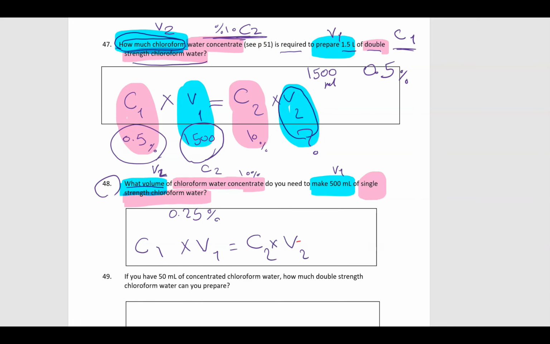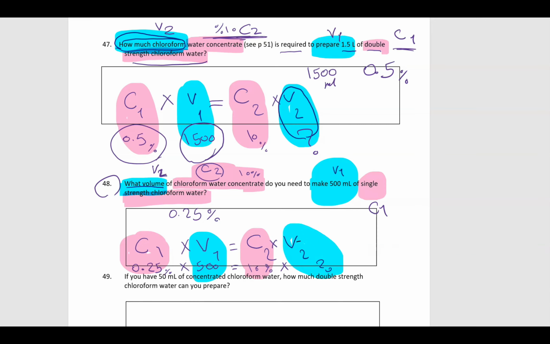C1 is 0.25 times the first volume, 500 milliliter, equals second concentration 10 times the second volume. And what is the second volume?